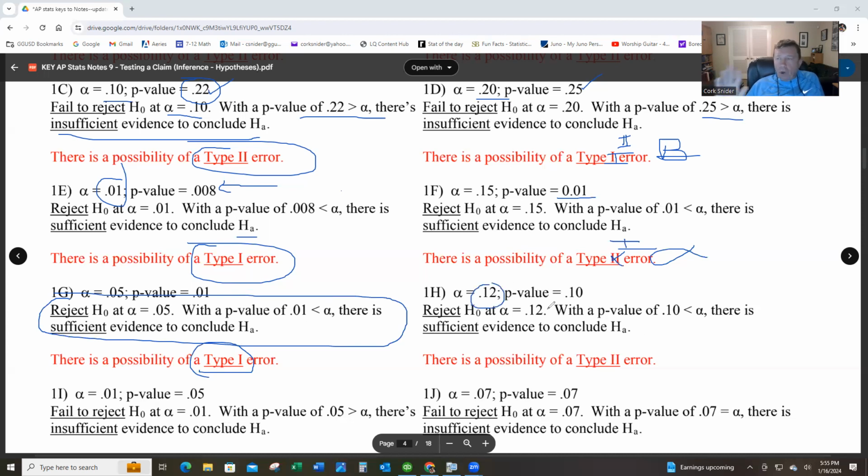Again, alpha is always 0.05 or 0.01. I put some strange ones in here to help you out. P-value is 0.1. It does meet the criteria. Reject H0 at alpha 0.12 with a p-value of 0.1. There is sufficient evidence to conclude HA. Possible type 1 error. I got a lot of mistakes here. Type 1 error. Possible alpha error.